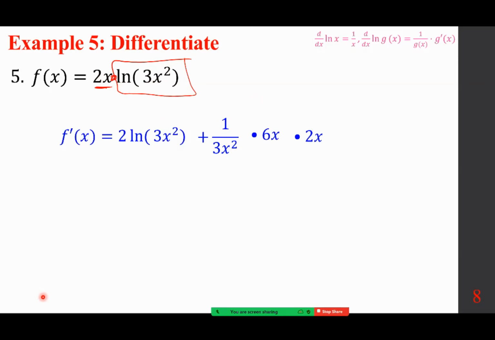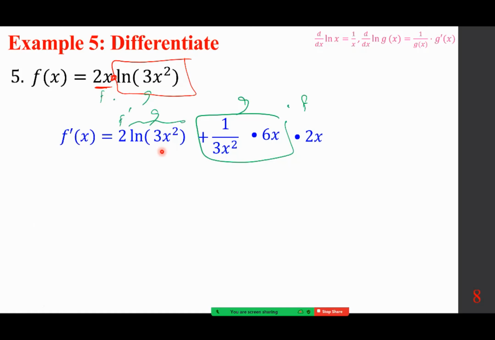In other words, if we assume this is f, this is g, this is f prime g, this is g prime f. We are looking at the product.